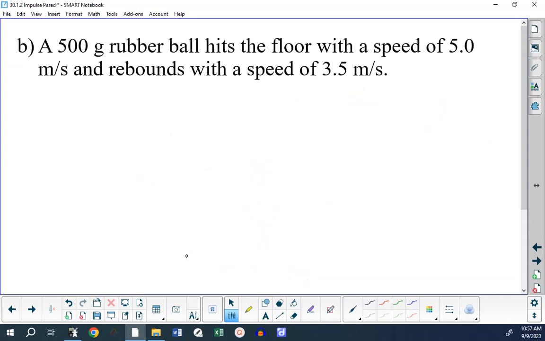Now, quiz question number 1 was basically this question, and we talked about this in class numerous times. If you want to find the impulse experienced by an object in this situation, since impulse is change in momentum, and momentum is a vector, we need to be very cautious about the numbers we put in for the initial and final velocities.